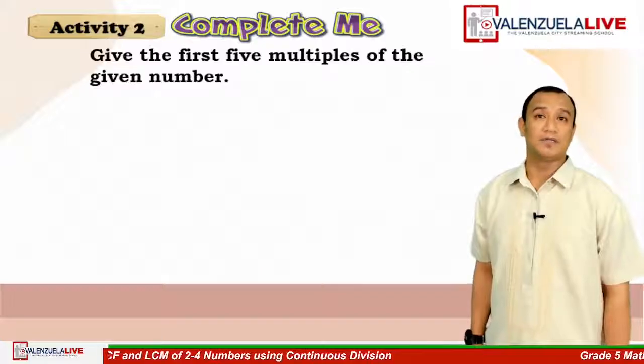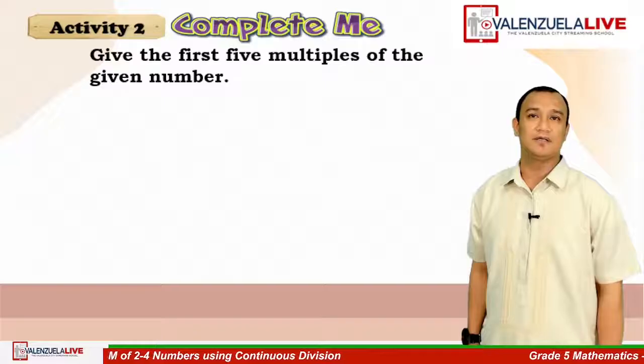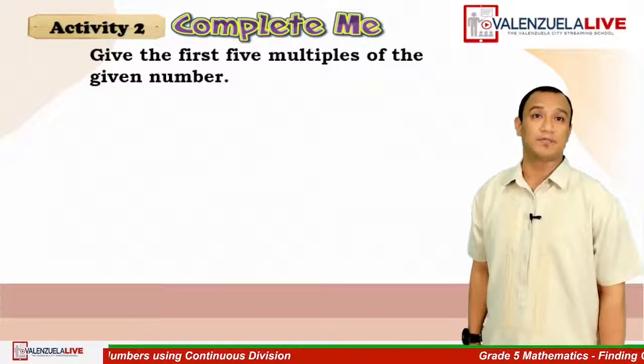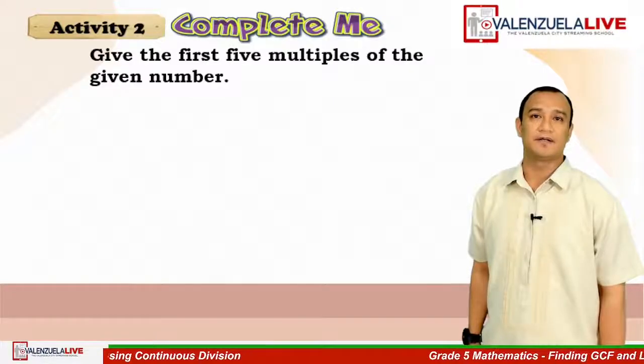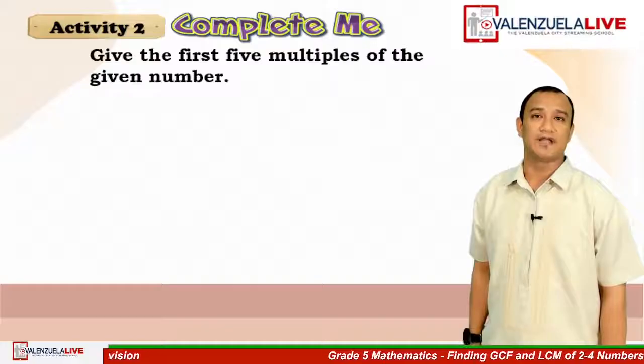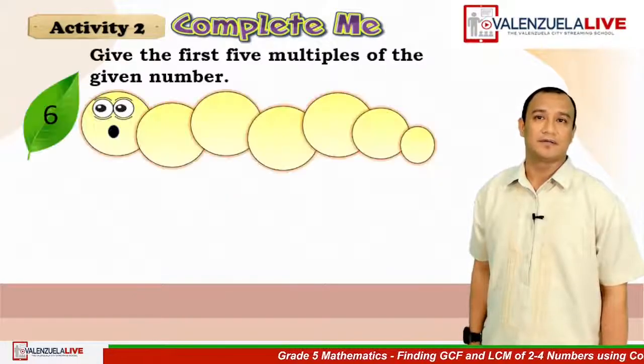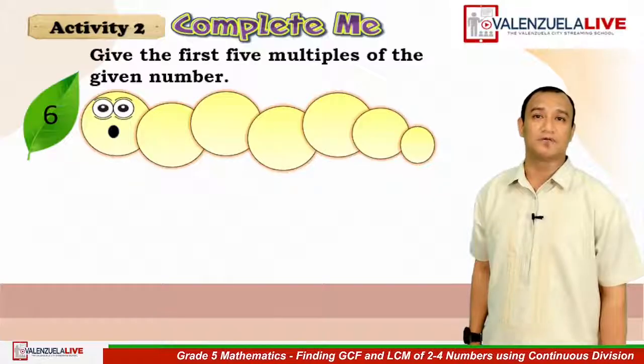For our activity 2, entitled Complete Me, give the first 5 multiples of the given number. Again, you are given 10 seconds for each given number. For given number 1, find the first 5 multiples of 6.